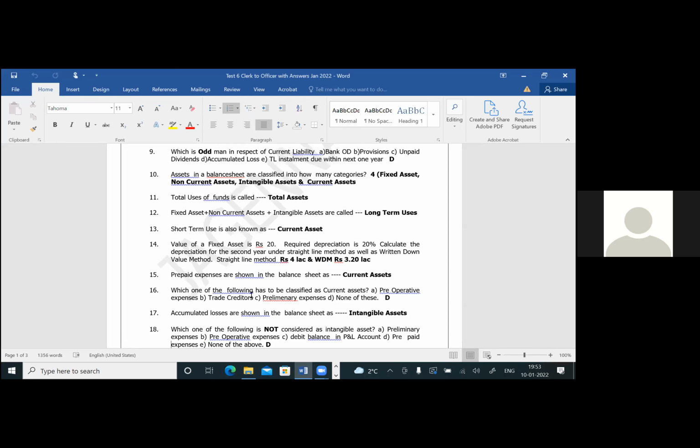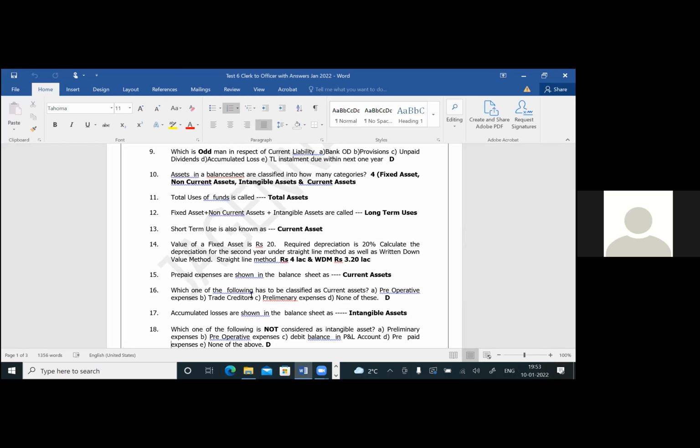So sundry creditors or trade creditors or bills payable, whether within 6 months or more than 6 months, you have to show them only under current liability. I told you, no?